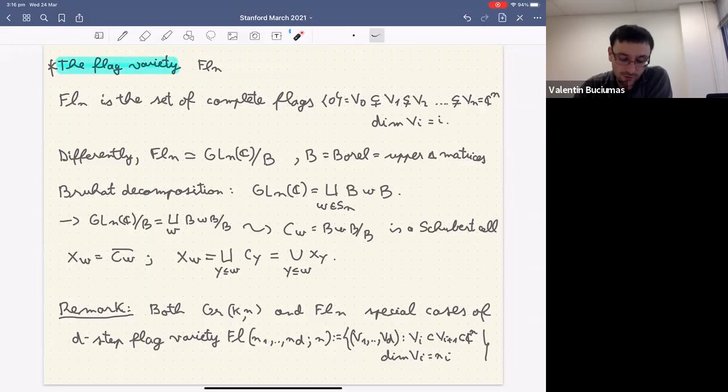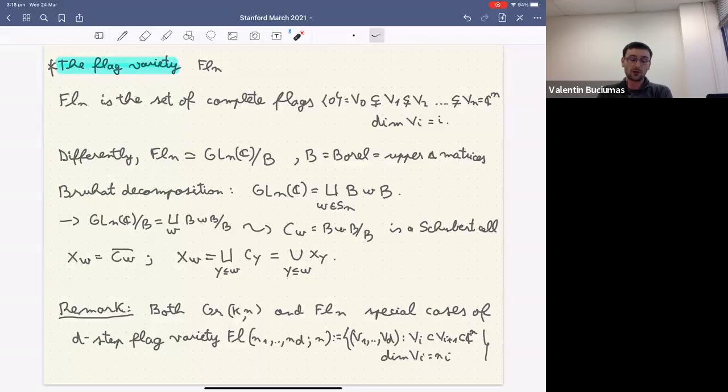One may write the flag variety as the quotient of GL_n by B, where B is the Borel. And due to the Bruhat decomposition, we may write GL_n as a disjoint union of B double cosets. And this will then induce a decomposition on the flag variety. Because of this, one may construct Schubert cells C_w on the flag variety for w any element of S_n.